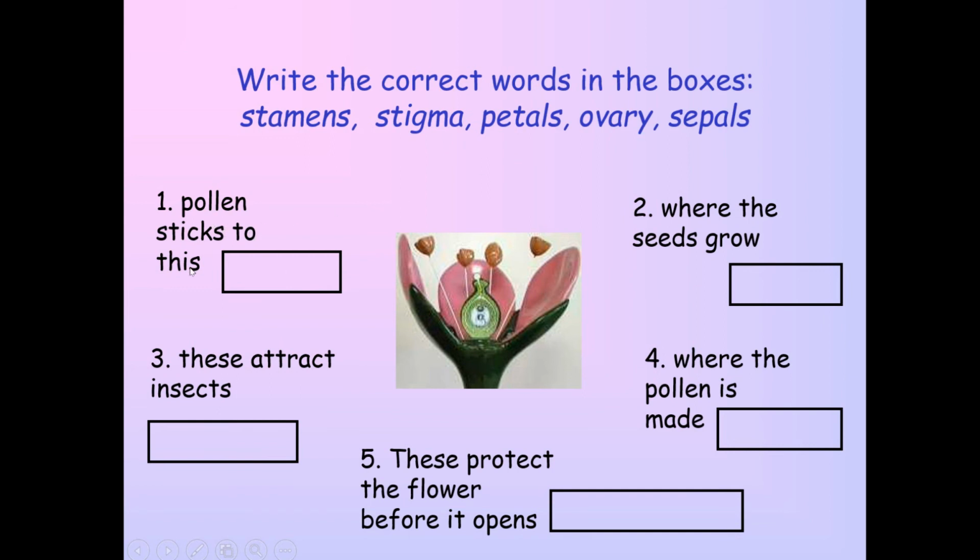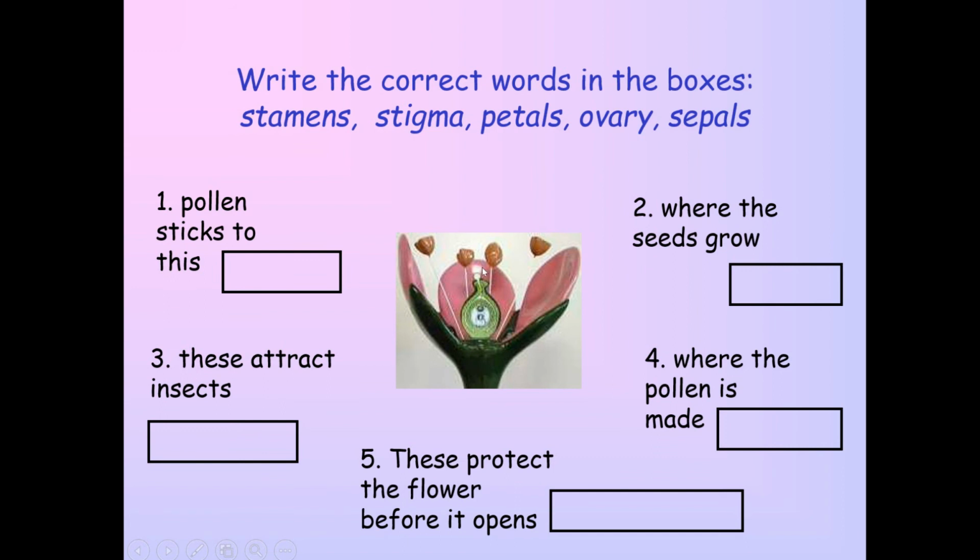Number 1, which part of the flower does the pollen grain stick to? Okay, the pollen grain sticks to this part in here. How do you call it? It would stick to the female part of the flower on top of it.